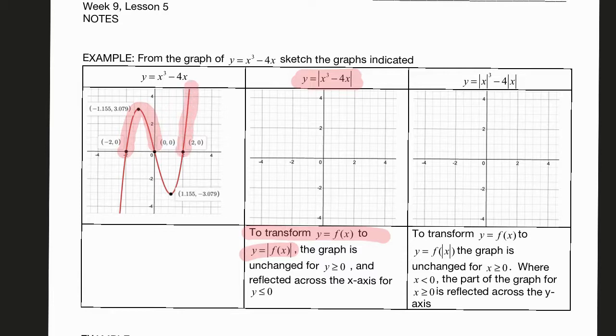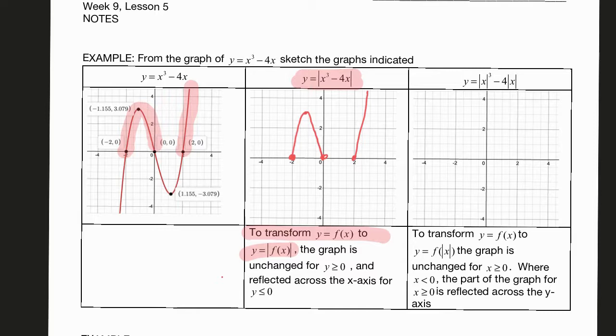So let me just take a moment and transfer those parts over here. So at -2, 0, I still have a dot. At -1.1 something or other, I'm up here at 3 point something. Again, this is a close approximation, 0, 0. So this part is still here. And then from 2, 0, it continues up. Okay, so that part is unchanged.